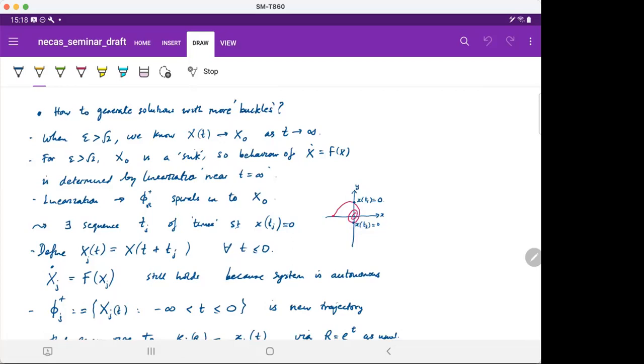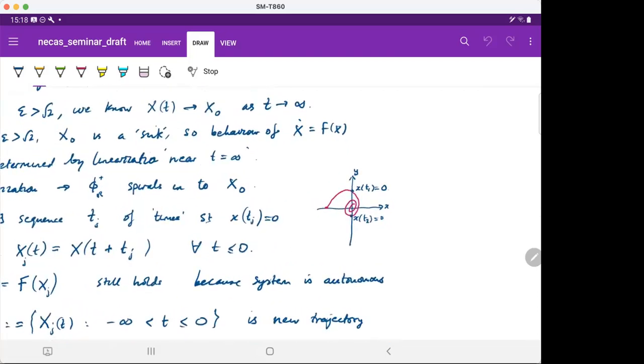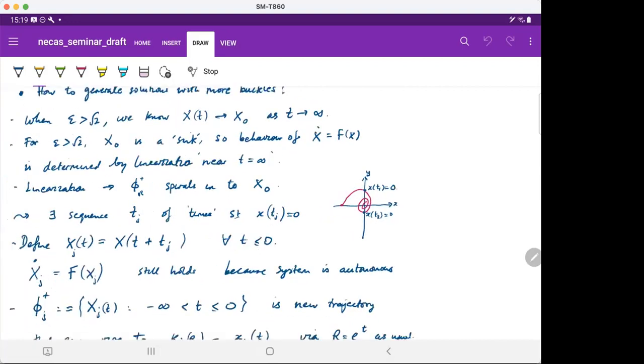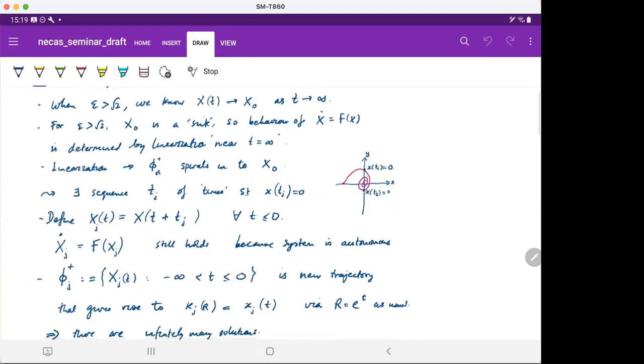And essentially, it looks like this little cartoon here. It just spirals in, and every time it crosses the y-axis, that occurs at, say, a sequence of times t_j such that x at that time is 0. Little x at that time is 0. And you can see that because it spirals infinitely, there are infinitely many such times. So each time t_j allows you to rescale the solution.